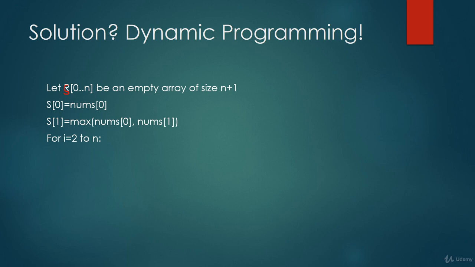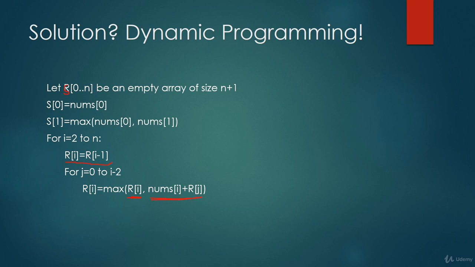Now I'm going to go for i equals 2 to n. So I'm going to loop over all the values, because I want to fill out my dynamic programming table. And then I'm going to say first R[i] is R[i-1]. So I first set up the first value. And then I go for j equals 0 to i-2, and R[i] is the maximum of its current value and nums[i] plus R[j].